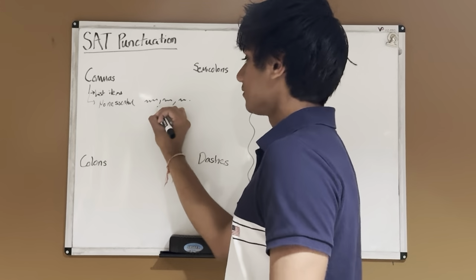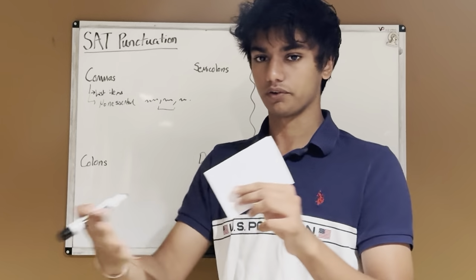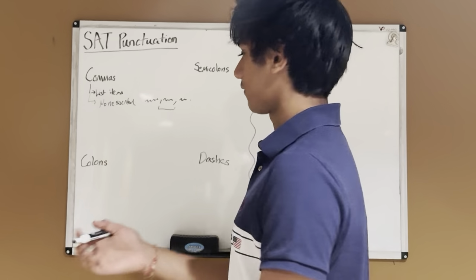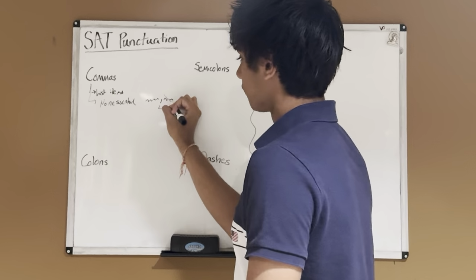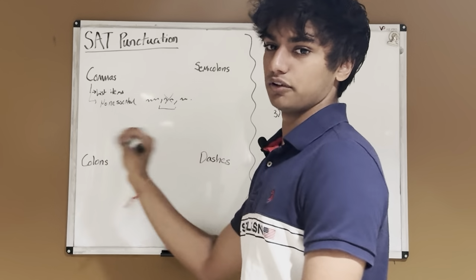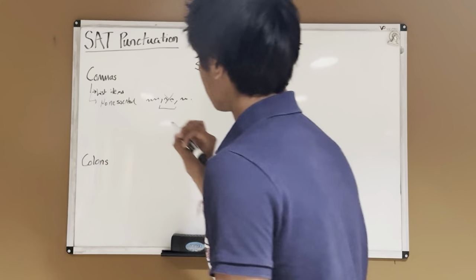What we're saying is that this clause here, a clause is just a part of a sentence with a subject and a verb, or not even a subject and verb, it doesn't have to. But in this case, this is a non-essential clause because if we cross it off, the sentence would still read and work without it, so it's non-essential to the sentence.